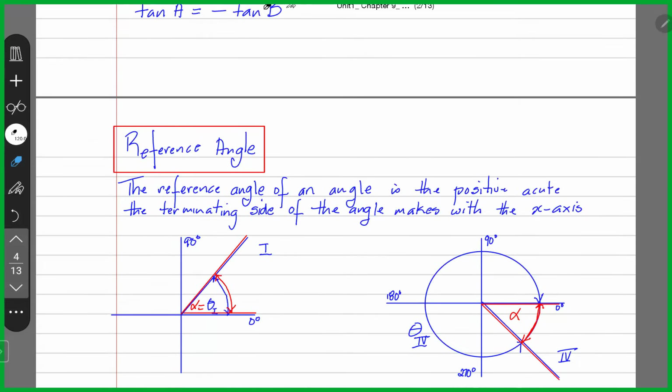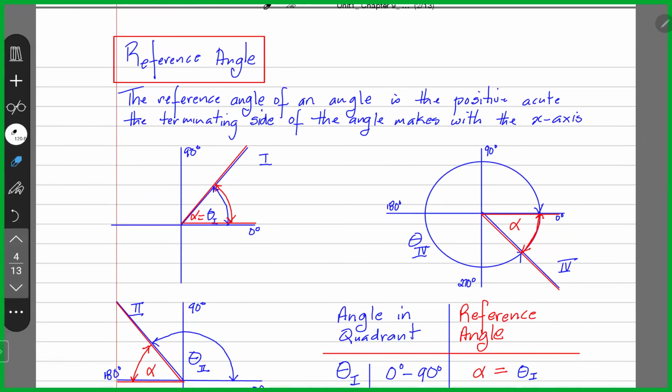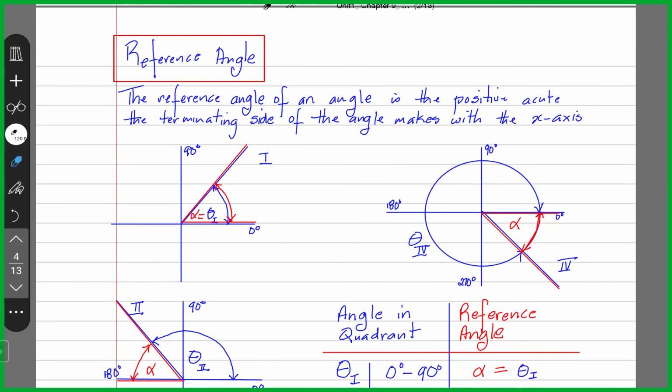So let's talk about the reference angle. Very, very important. Now, this says the reference angle of an angle. So a reference angle doesn't just exist on its own. It is the reference angle of an angle.